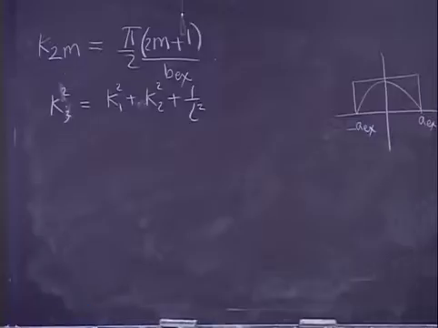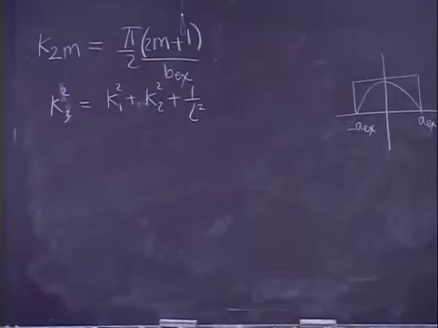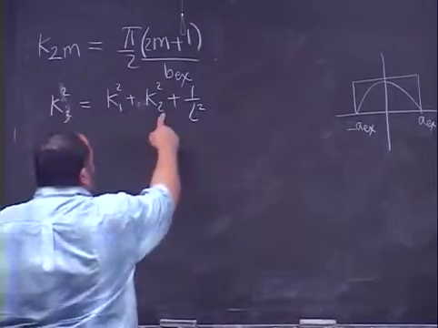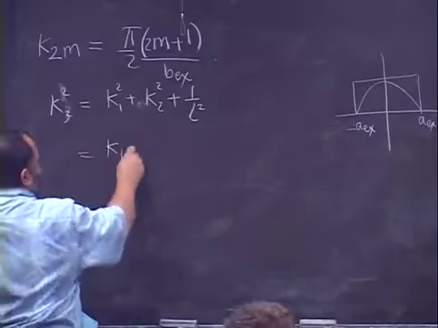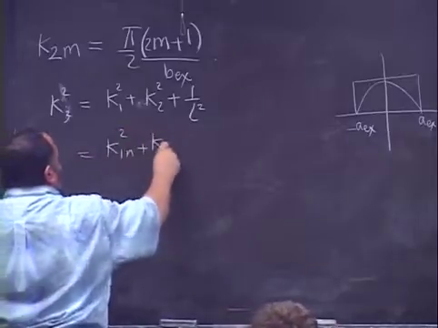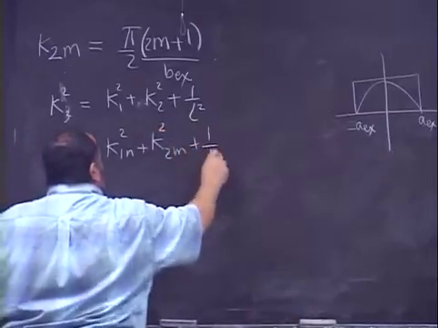The first term is negative K1 squared, negative K2 squared plus K3 squared equal to 1 over L squared. Move the negative and the negative to the other side, and you will get K3 squared equal to this. So now, because K1 and K2 are no longer K1 and K2, they are what? K1n squared and K2m squared, plus 1 over L squared.